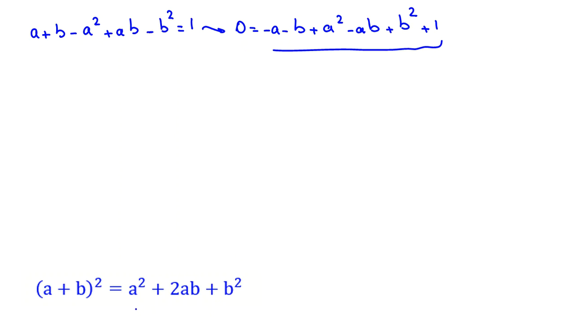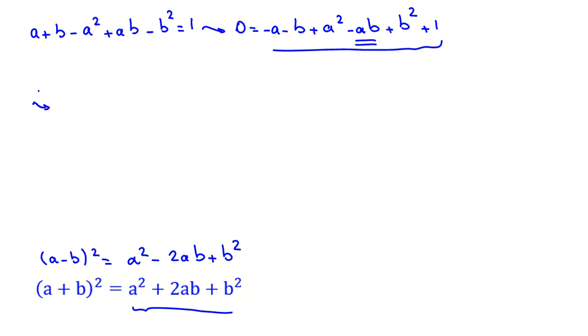Since I want to write a sum of some squares, I want to use this identity, but here we have negative ab. If we have a plus b squared equal to this, a minus b squared will be a squared minus 2ab plus b squared, because b will change to negative. You should memorize these two identities. But here I have negative ab.